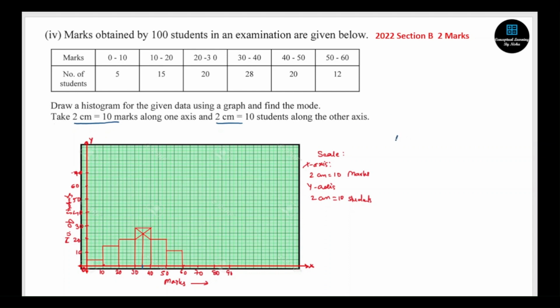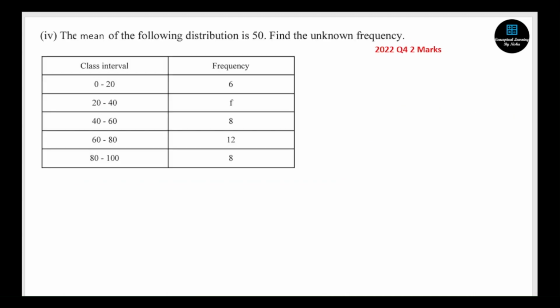So we'll write mode equals 35 marks approx. This is based on the graph. I hope you understood this, right?